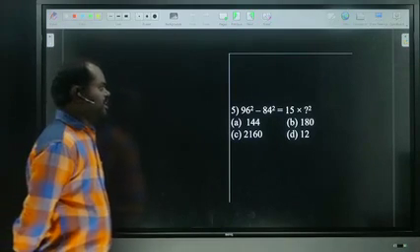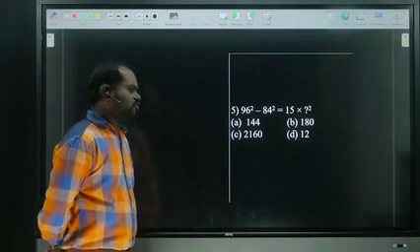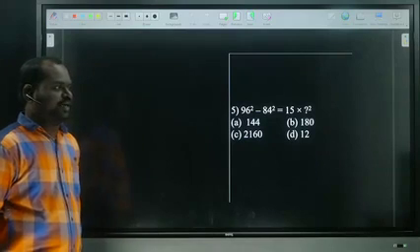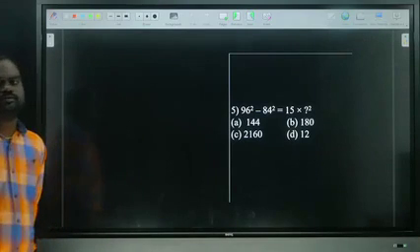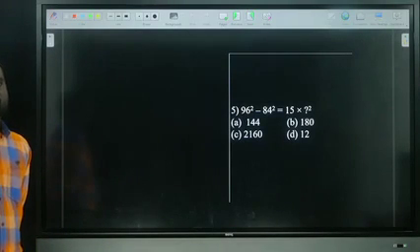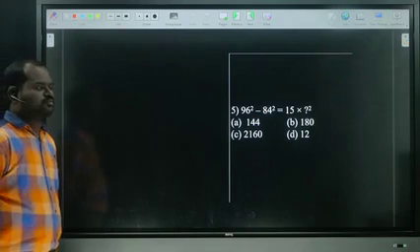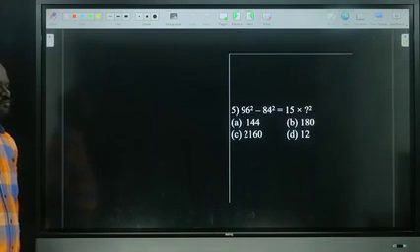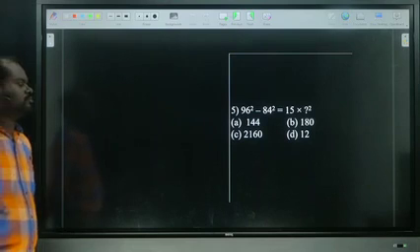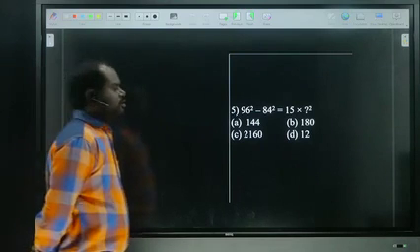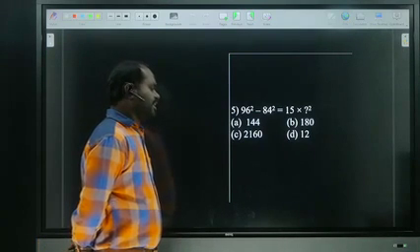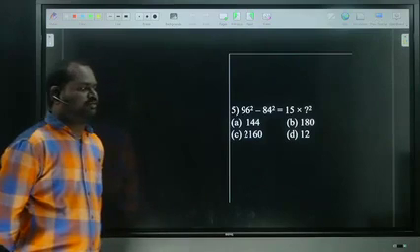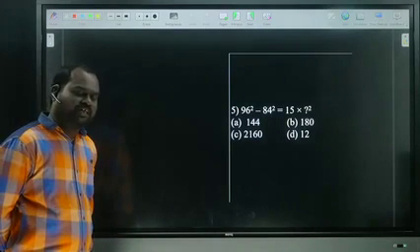96 square minus 84 square is equal to 15 into question mark square. Now that is in which formula format, ma? 96 square minus 84 square is nothing but A square minus B square.